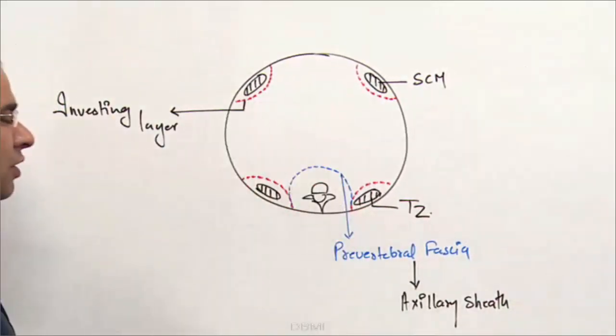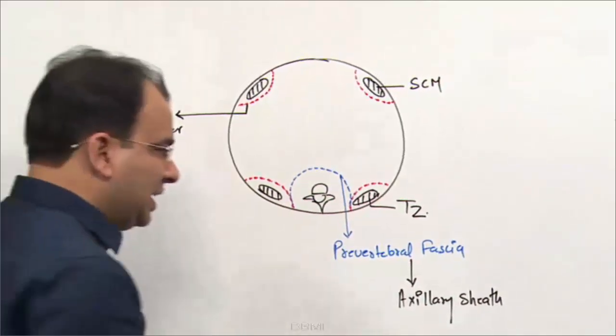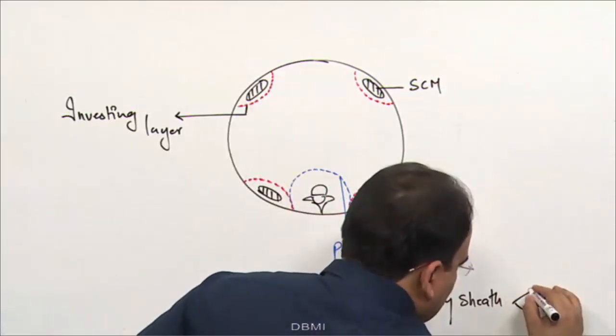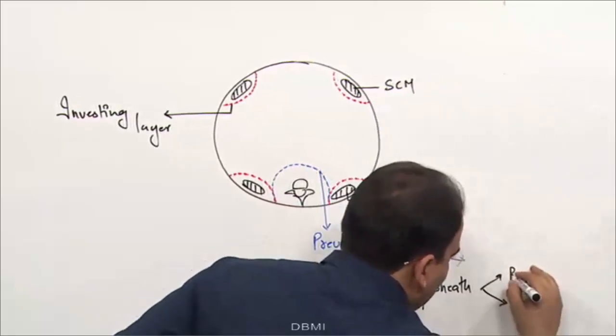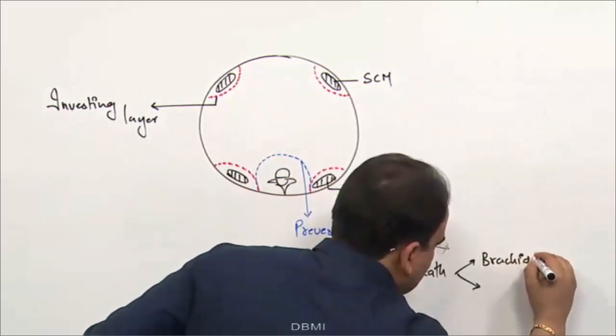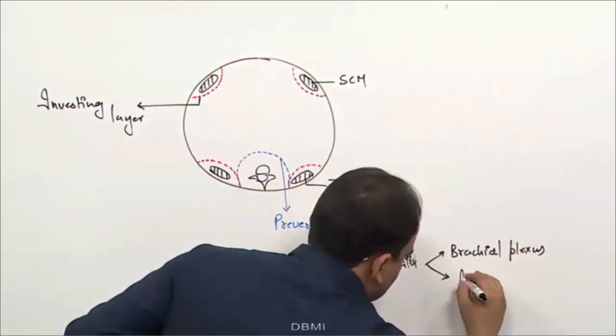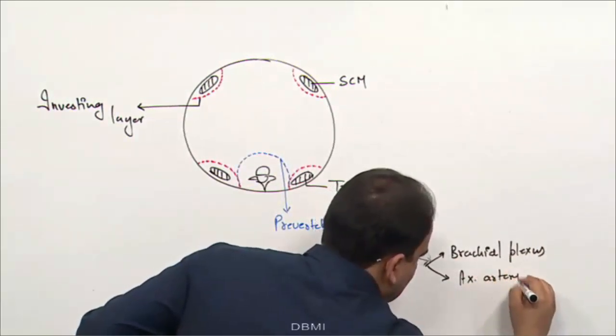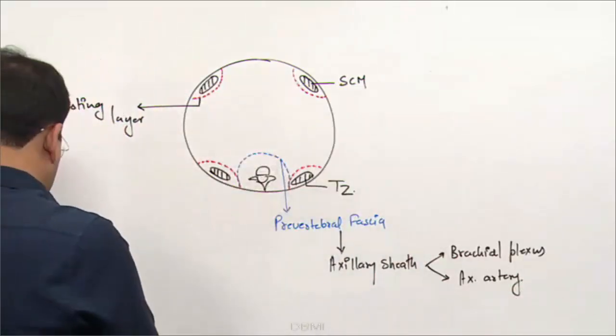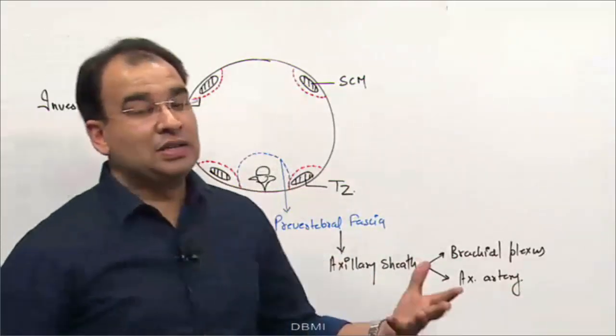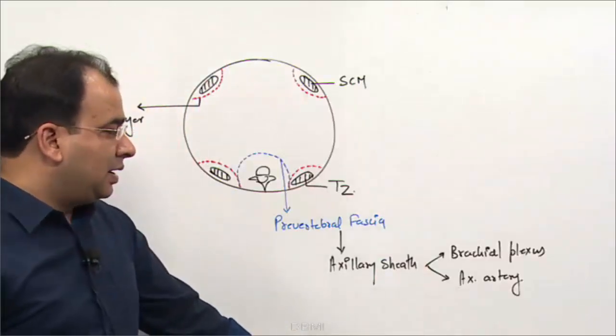Tubular prolongation of prevertebral fascia forms the axillary sheath. The contents of the axillary sheath include brachial plexus and axillary artery. Vein is not present inside, the vein is outside. Axillary artery and brachial plexus.